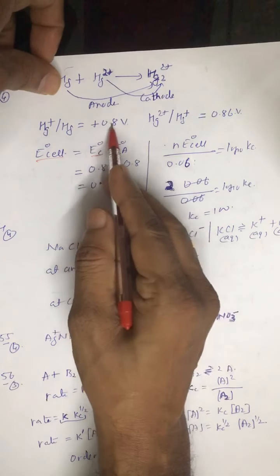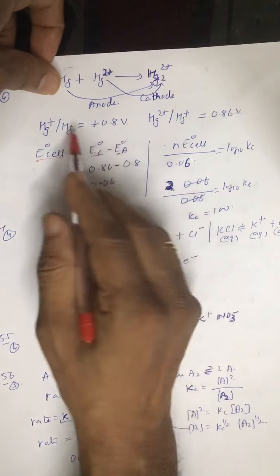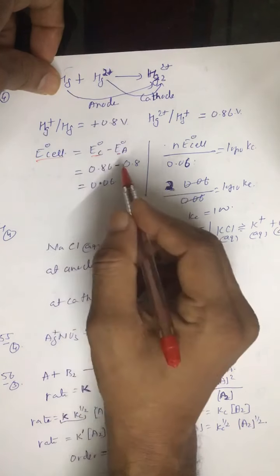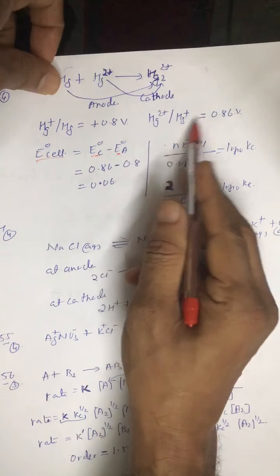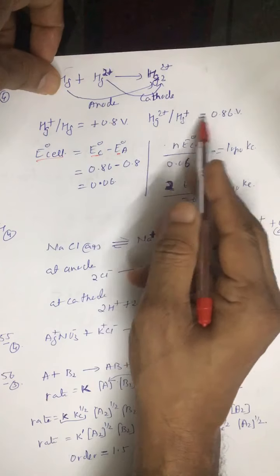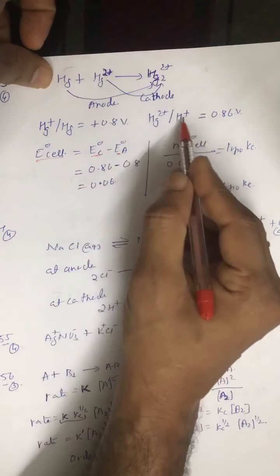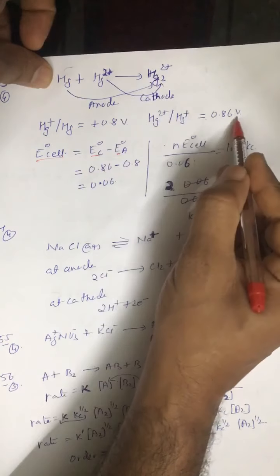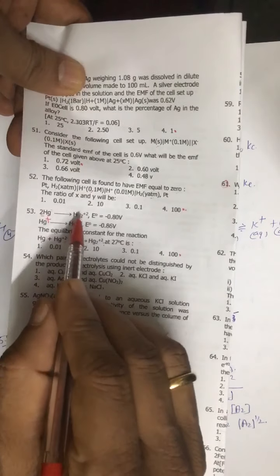We have to put reduction potential values. So E0 of cathode is given, that is 0.8, alright, that is Hg positive oblique Hg value, and minus 0.8, that is cathode, Hg2 positive, reduction of Hg2 positive to Hg positive. This is E0 of cathode. In the question it is given negative sign, so this is basically oxidation reaction.